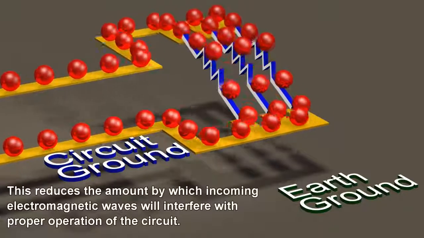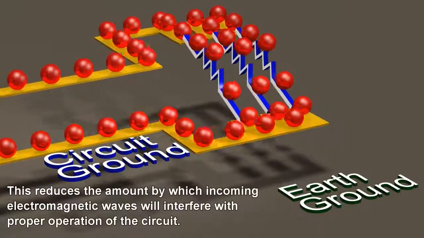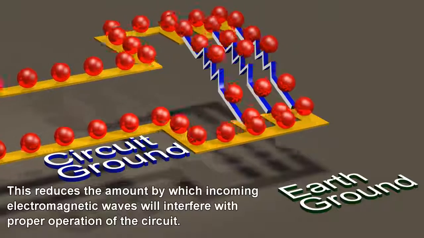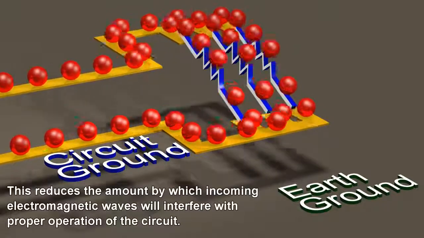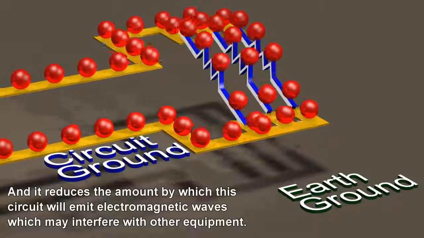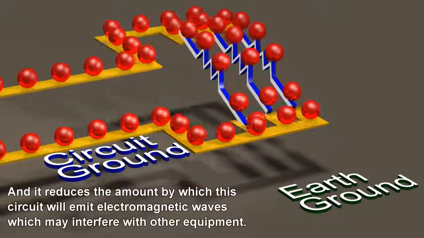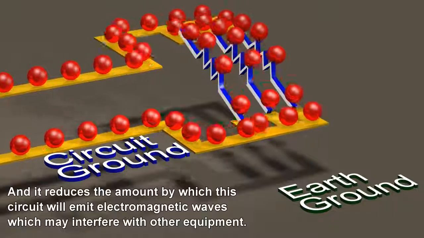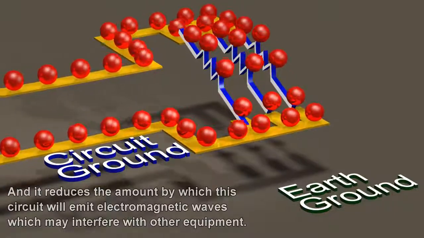This reduces the amount by which incoming electromagnetic waves will interfere with proper operation of the circuit. And it reduces the amount by which this circuit will emit electromagnetic waves which may interfere with other equipment.